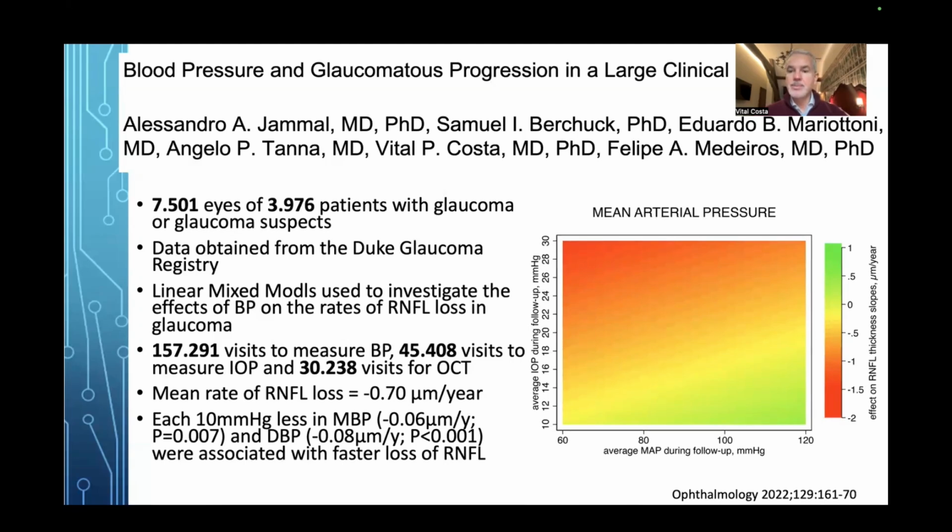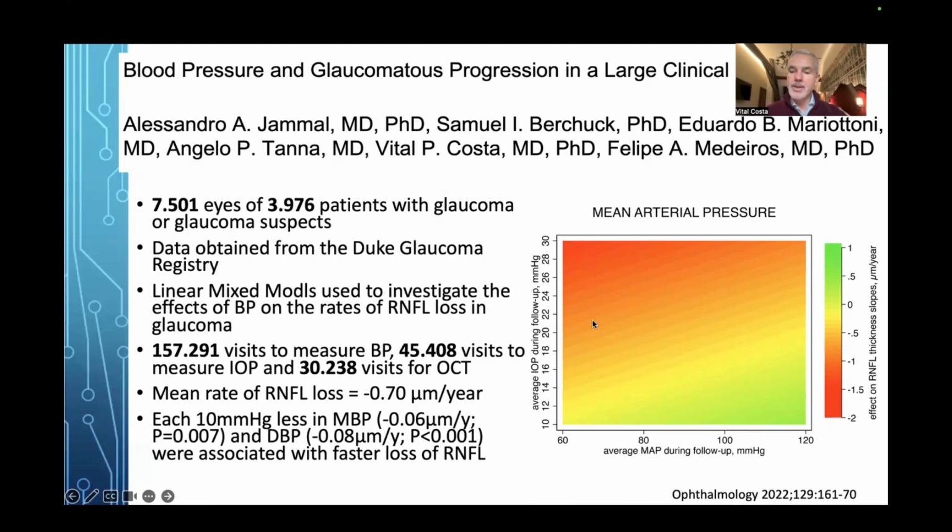You can see here the hotter tones. The red color shows a faster rate of retinal nerve fiber layer loss, and the green color shows lower rates of retinal nerve fiber layer loss.